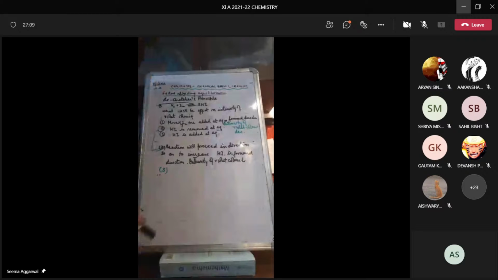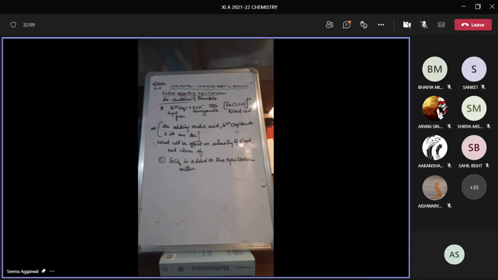The mixture is at equilibrium, and if I am adding ferric chloride, Kana, can you tell me? Kana, ferric chloride is added. I think your mic has some problem. Okay, Rohan, can you tell me what will happen if I am adding ferric chloride to the equilibrium mixture? Next question, Siddhant Sharma.